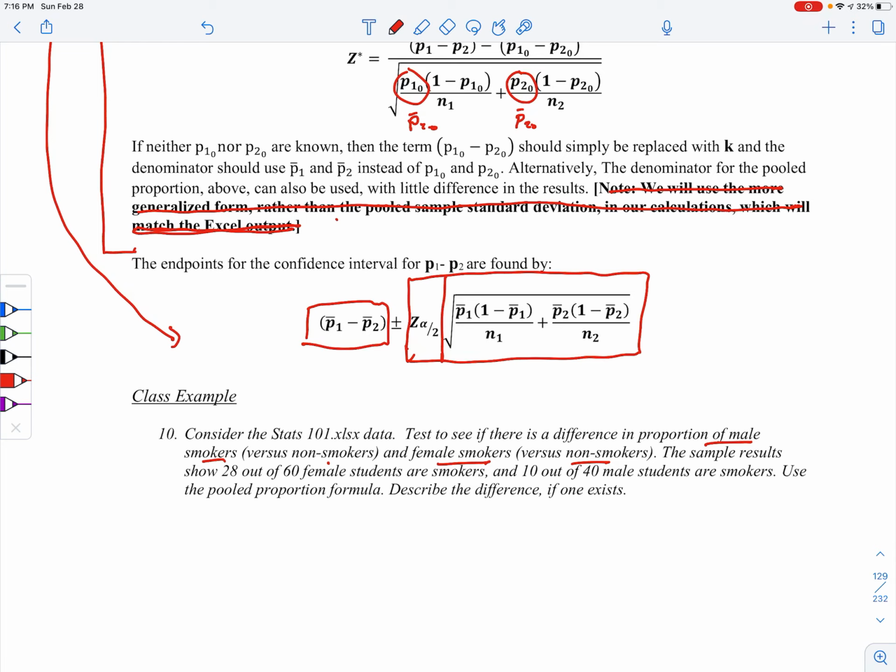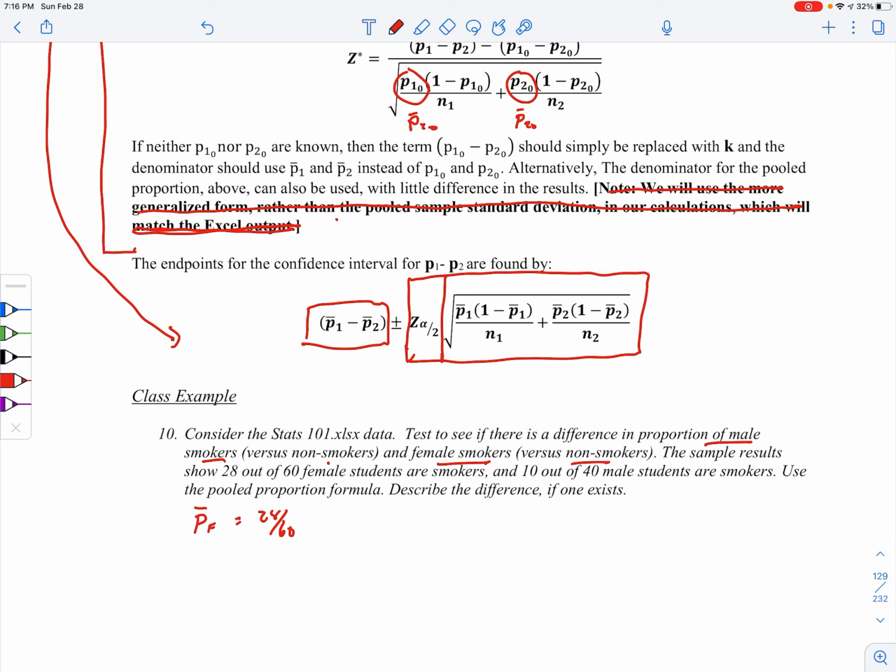The sample results then show 28 out of 60 of the female students are smokers. So what we've got here then is a p bar for the females equal to 28 out of 60. And what does that come to? Do I have that number there?